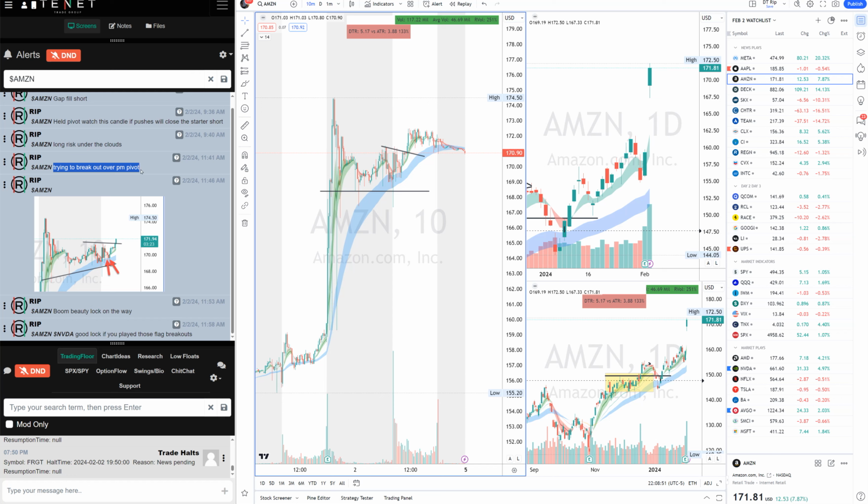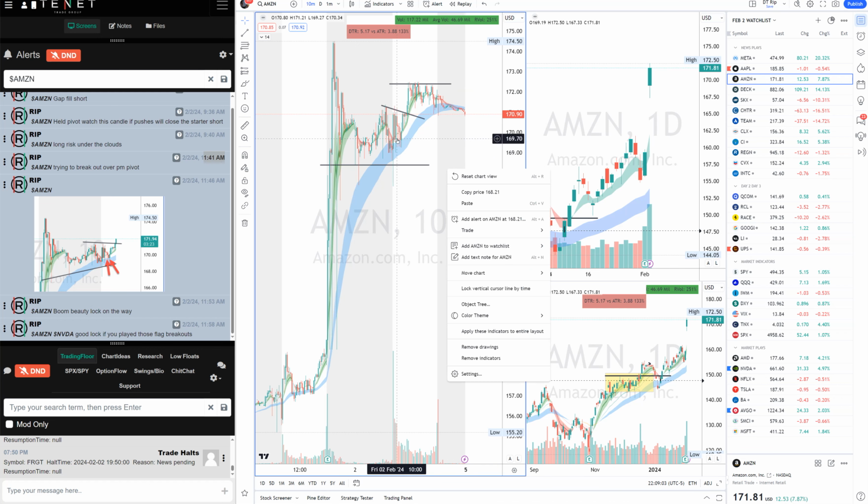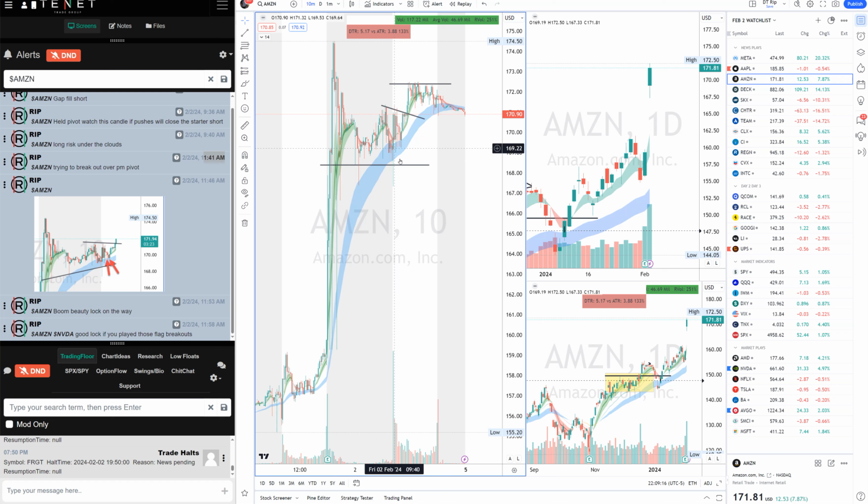I told everyone it's time to break out over the pivot at 11:41, and it breaks out. It breaks out of that 171 and finally goes to 172.40. So if you added around 170, over 169s, mid 169s, risking like a dollar, dollar and a half, you certainly made $2 or more on this trade and recovered your morning losses.